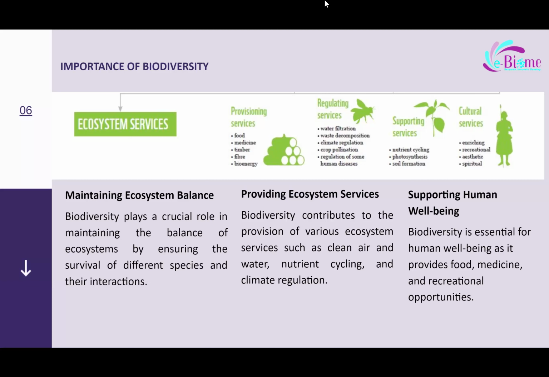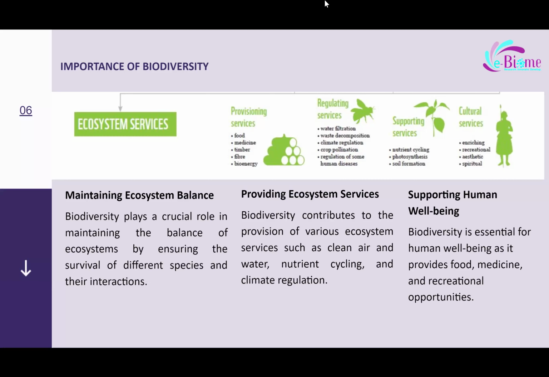So we are looking at how biodiversity maintains ecosystem balance, right? Biodiversity plays a crucial role in maintaining the balance of ecosystems by ensuring the survival of different species and their interactions. So as I said earlier on, the higher the biodiversity, the more likely the survivability of the living organisms there, because they are less vulnerable to environmental factors like drought, flood, and the rest.